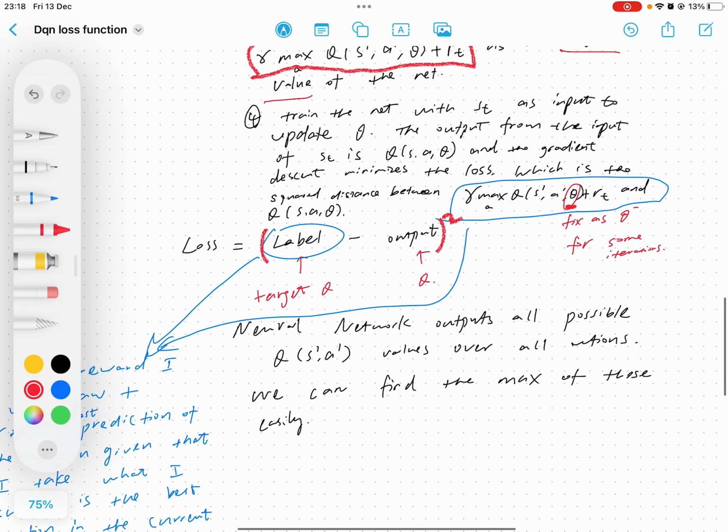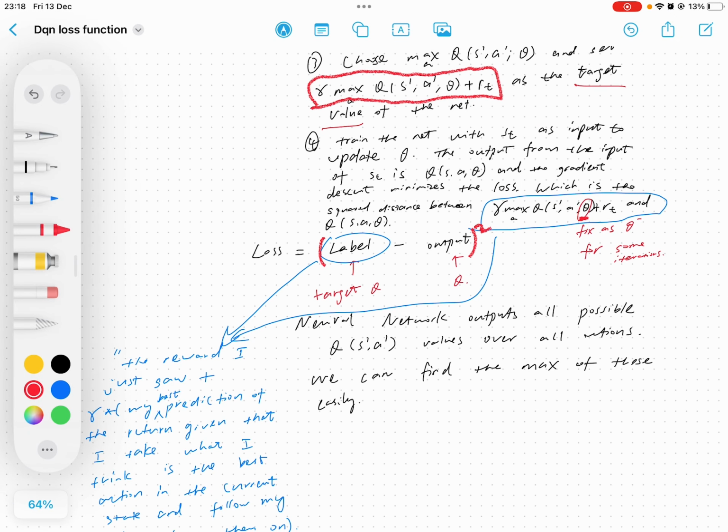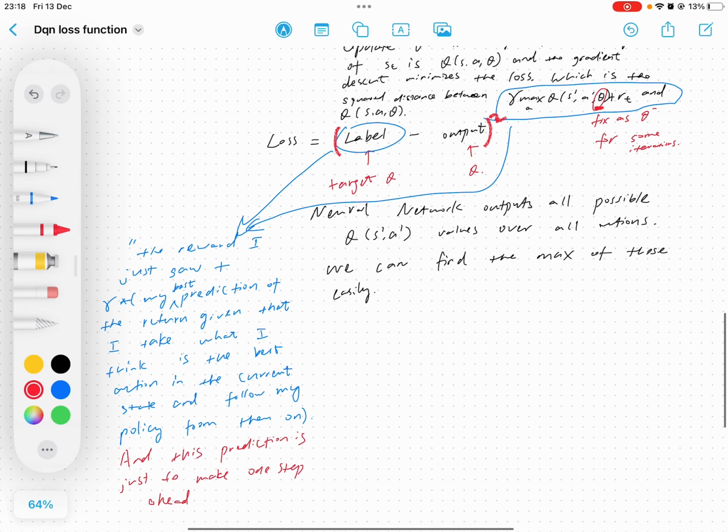So how do we interpret this target label, and how do we technically obtain it? Intuitively, this label, gamma times the maximum Q of S prime, A prime, theta, plus RT.